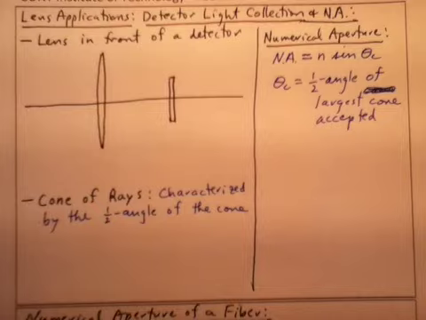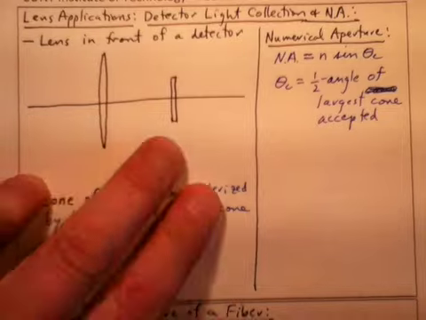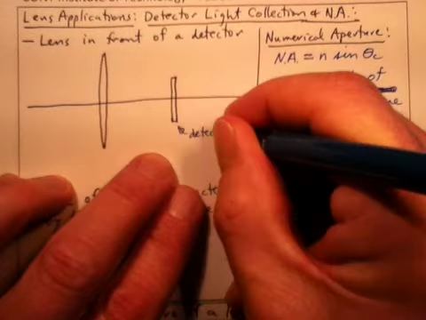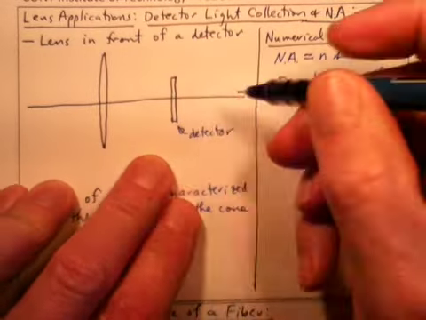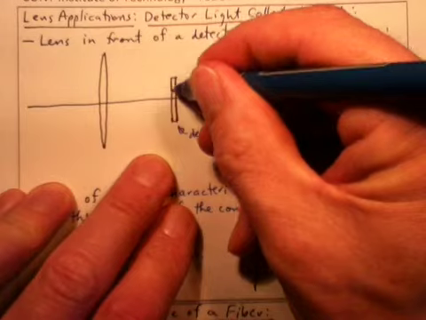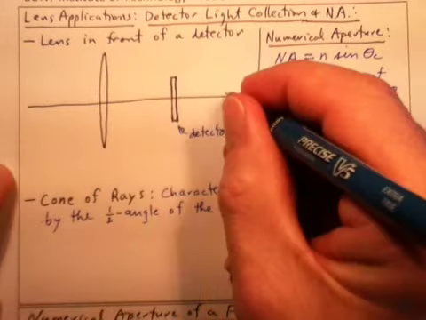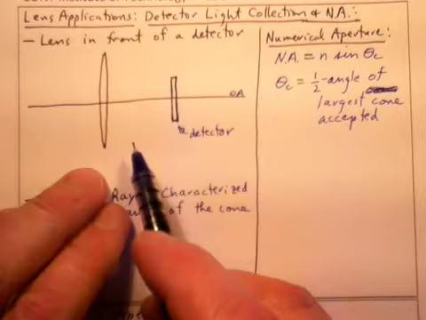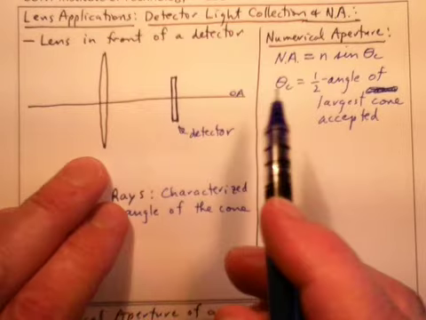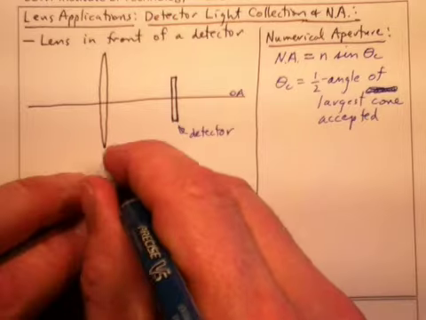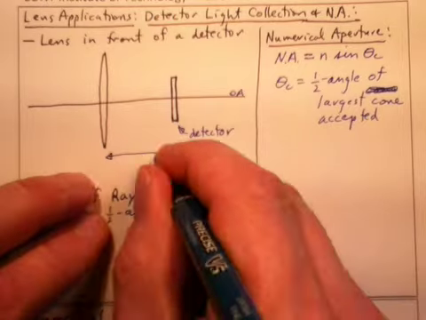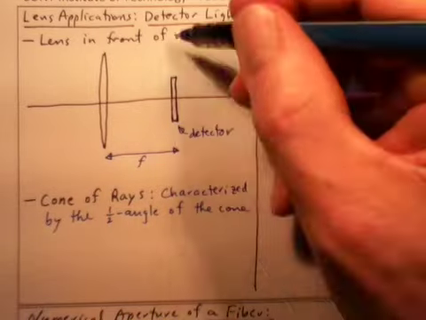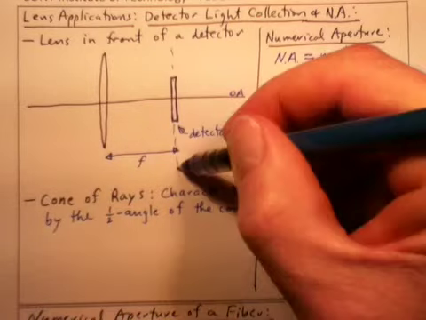So in the first case here, we're going to consider a detector, and it'll have some finite extent. We're going to assume that it is aligned on the optic axis, perpendicular to the optic axis. And we're going to put a lens out in front of that detector, at a distance equal to the focal length of the lens, so that the detector is actually in the focal plane.